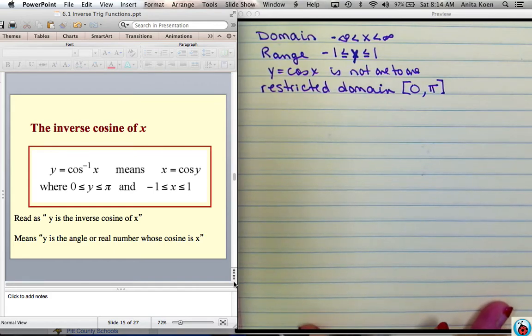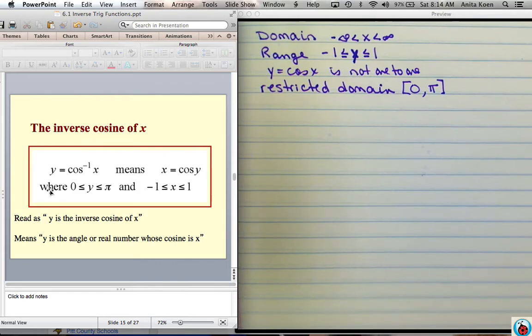All right, what is the inverse cosine? The inverse cosine of x, y equals the inverse cosine of x. That's how I read this. But it means that y is the angle whose cosine is x.